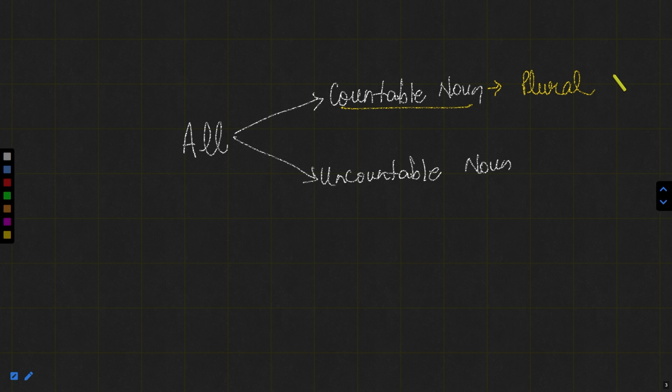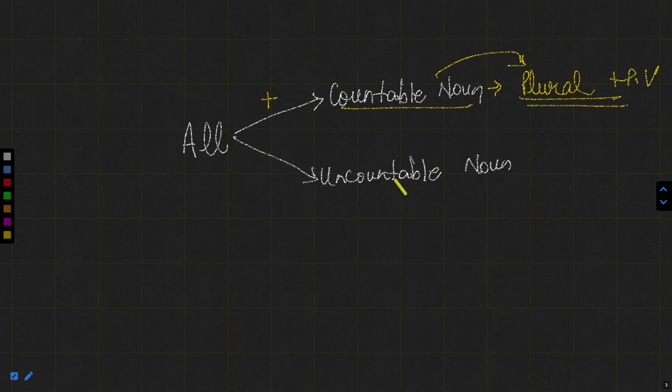Rather, I would say all boys or all the boys. We cannot use a countable noun in singular form after the word all, because all means all of them, all means the complete set of them, all means the whole of them. Therefore, if all plus a countable noun comes, it should always be in plural form. Also, it should be followed by the plural form of verb only.